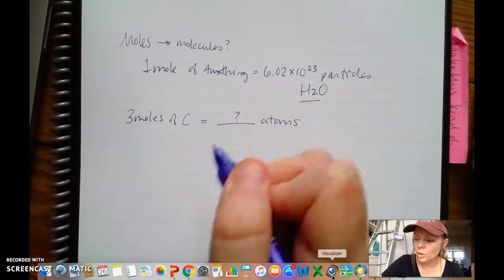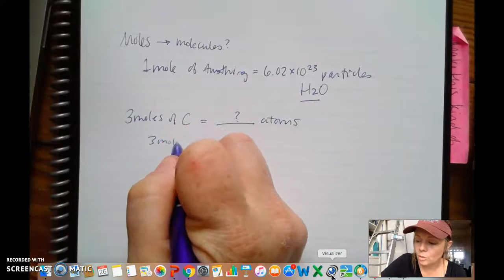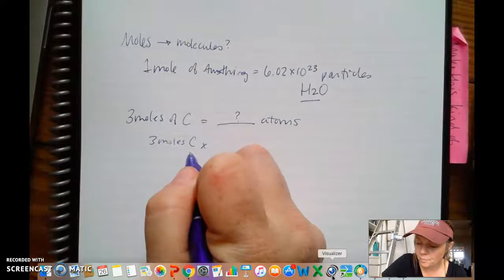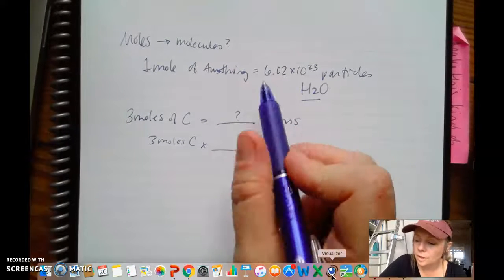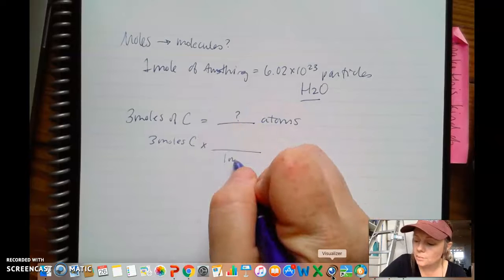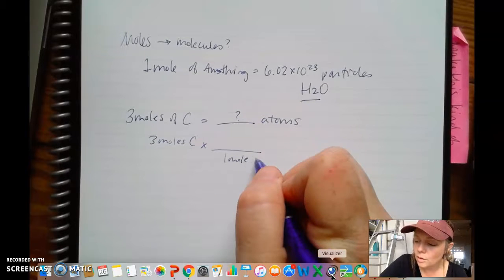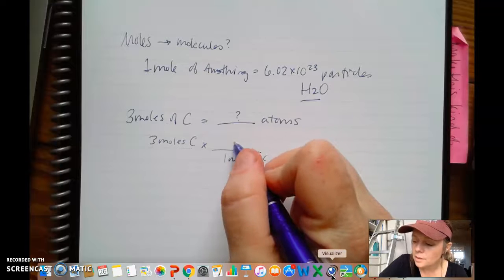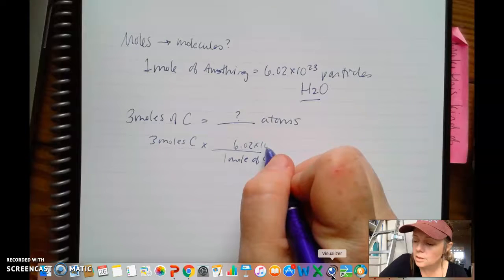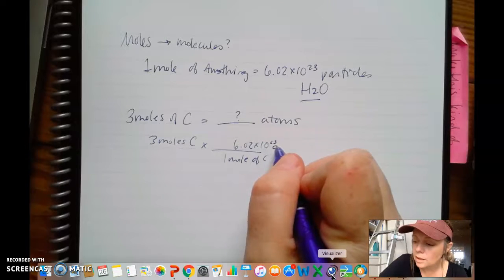We're going to start with our given 3 moles of carbon. We're going to multiply by the conversion factor, which is just that relationship: 1 mole of carbon atoms, 6.02 times 10 to the 23rd atoms.